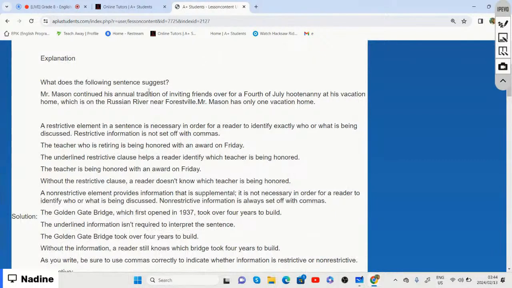If you say that the teacher who is retiring is being awarded, then we specifically want to know who is being awarded. It's not just any teacher, but the one who is retiring. That we call a restrictive element.